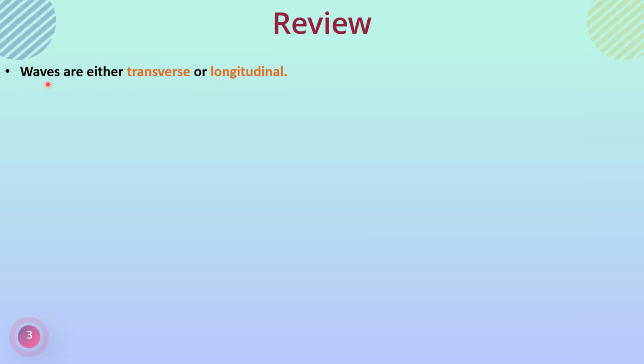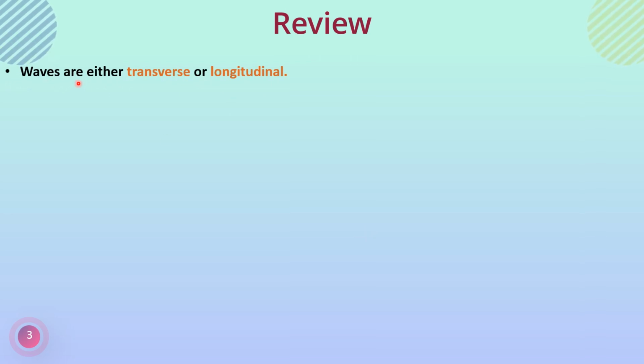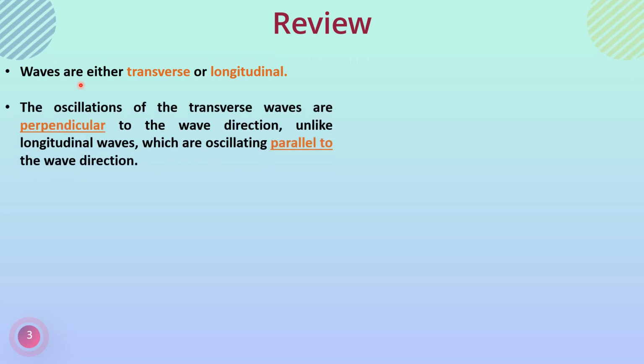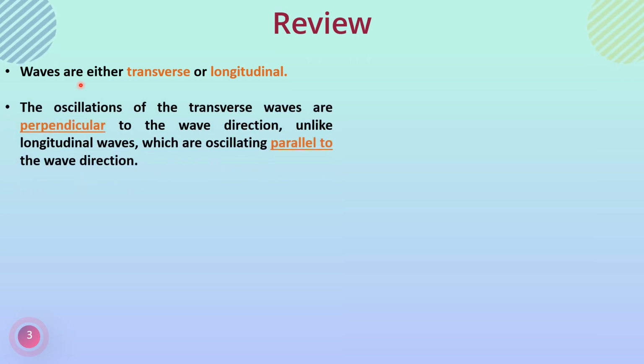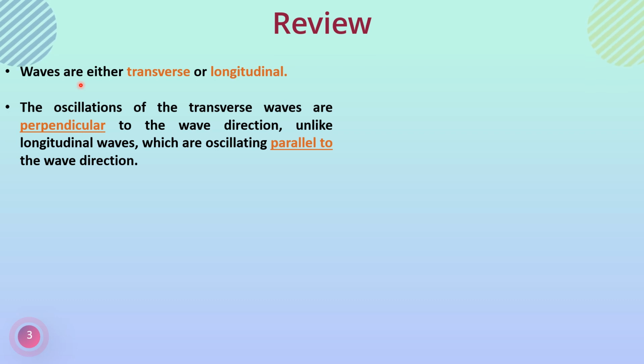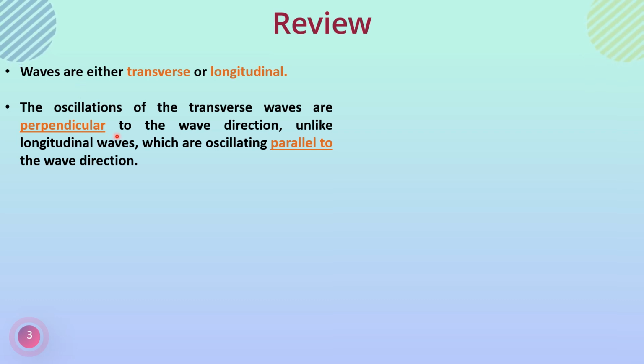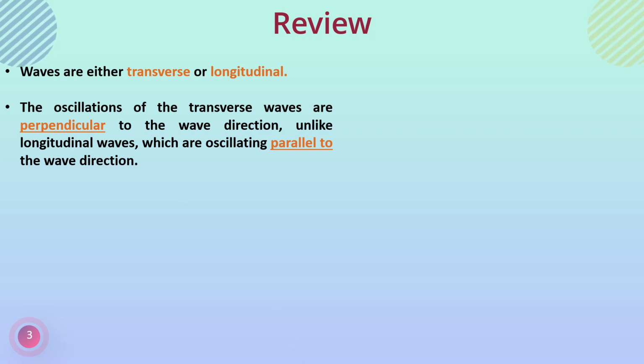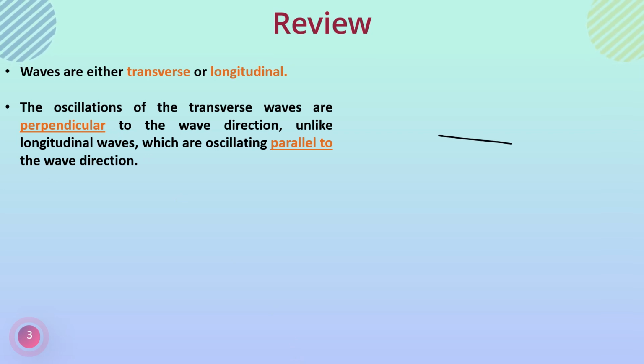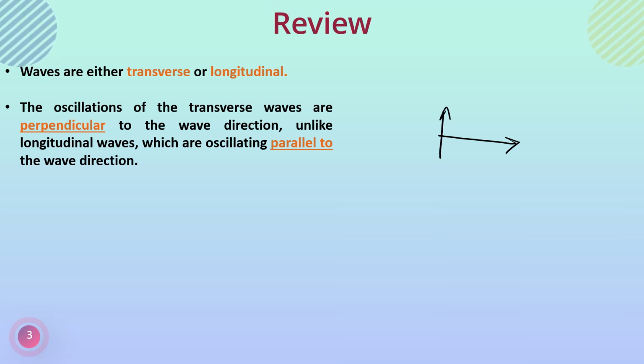You know that waves are either transverse or longitudinal, right? And you know that the oscillations of transverse waves are always perpendicular to the wave direction. What does it mean? If this is the wave direction, this is the oscillation.